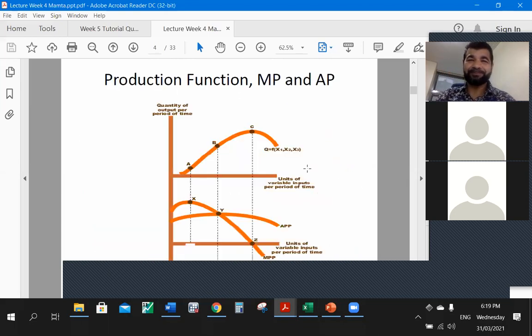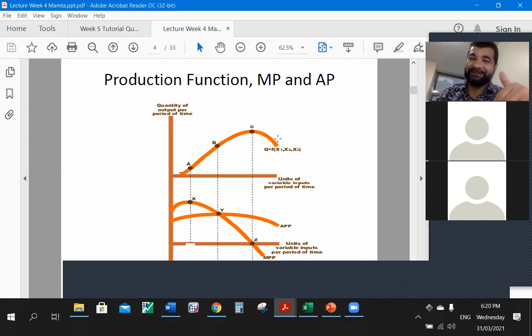Let's move on. This one is the production function. You see these things. The production function is going up, up, up, and at one point it's going down. Someone was trying to say something? No? Okay, that's fine. What is meant here is that production will be increasing at a decreasing rate.